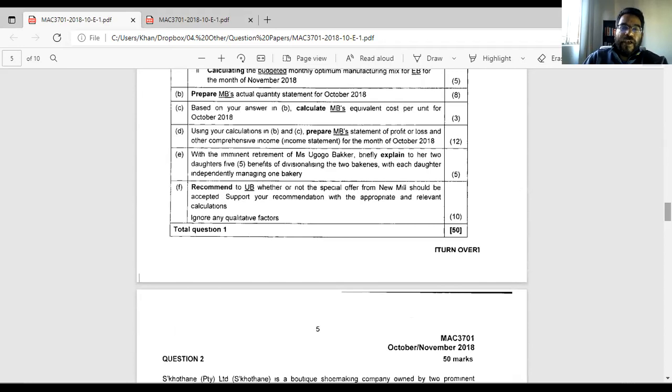Remember, the difference between an absorption costing system and a variable or direct costing system is the treatment of fixed manufacturing overheads. Under the direct costing system, fixed manufacturing overheads are expensed in the year they are incurred. Whereas under the absorption costing system, fixed manufacturing overheads are added to the cost of inventory. They are capitalized to the cost of inventory.